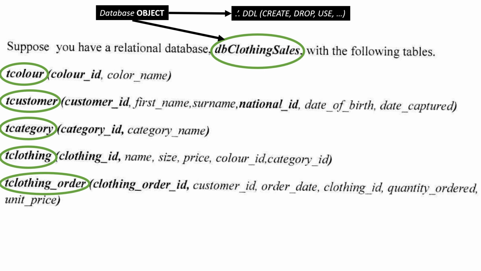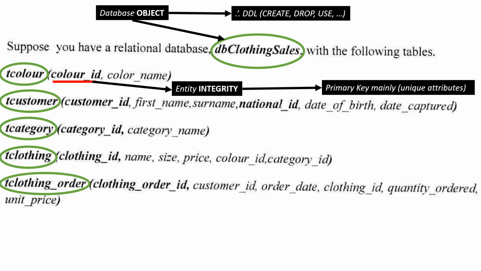Right. So for instance, we have T color. Under T color, we may use color ID to uniquely identify each color. Therefore, color ID is our primary key, which is enforcing entity integrity. So entity integrity is enforced by a primary key mainly.